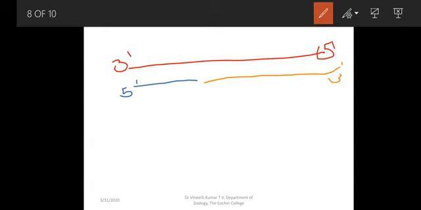This one is the leading strand, or the LES.